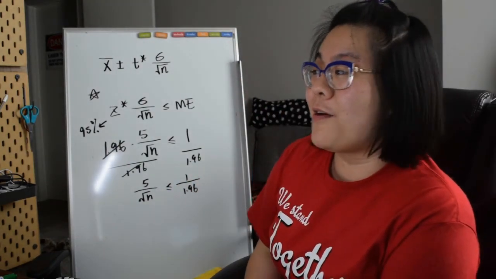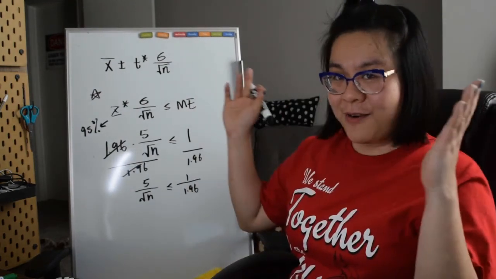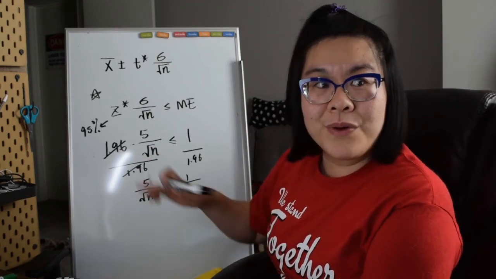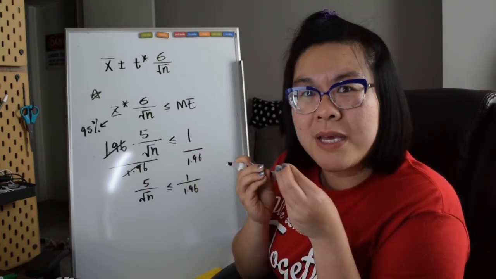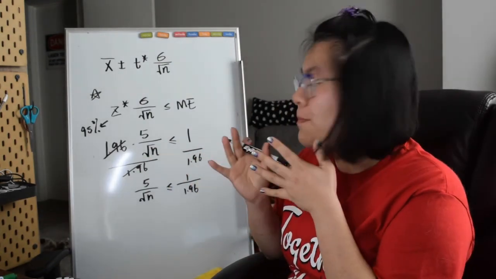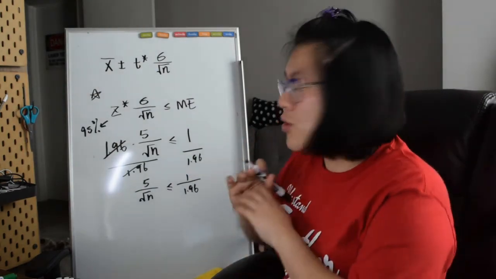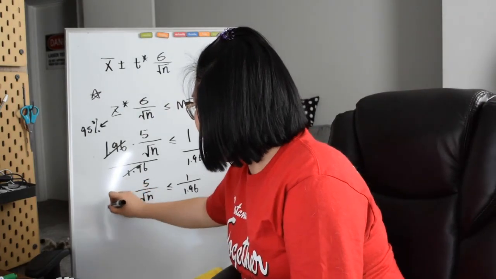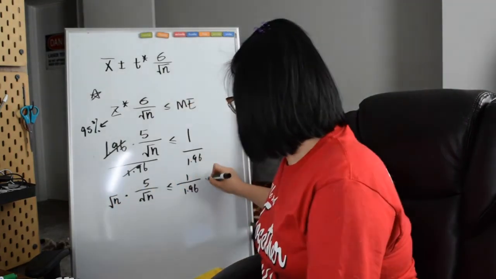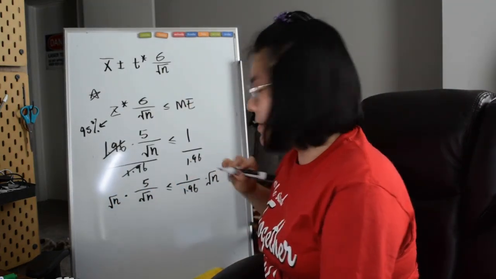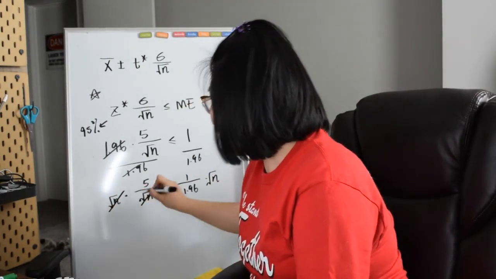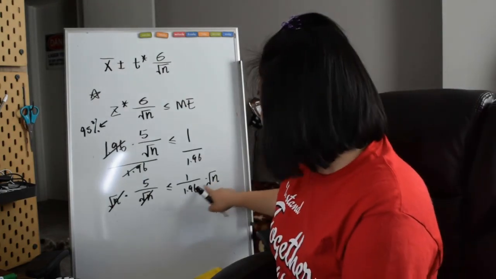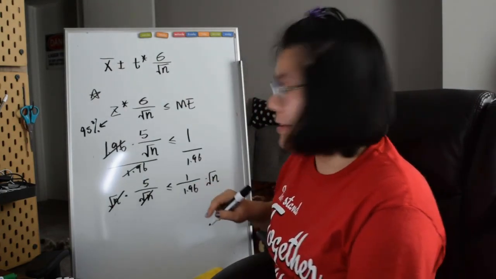Over here, a lot of people will say, okay, let's just go ahead and cross multiply. But this is an inequality, so when you cross multiply, it's a little tricky which part you're gonna put where. So don't cross multiply. Let's just do it step by step. Over here, I will multiply by the denominator, radical n. So this crosses out. So 5 is less than or equal to this whole thing, and the radical n gets on the top.